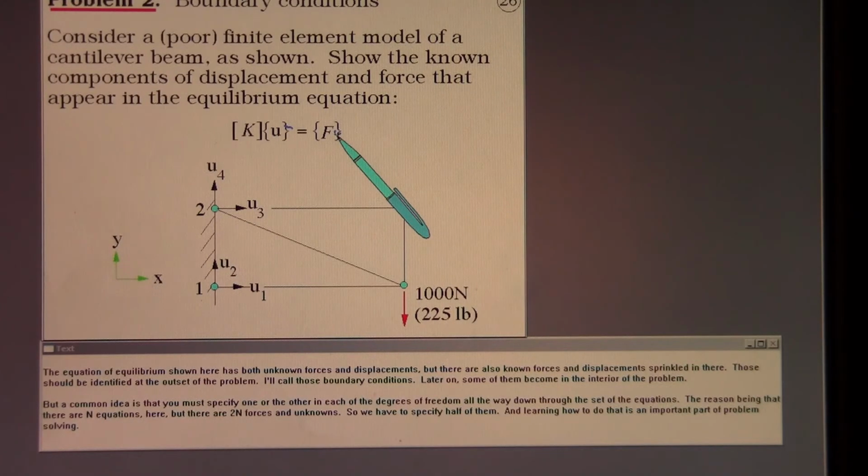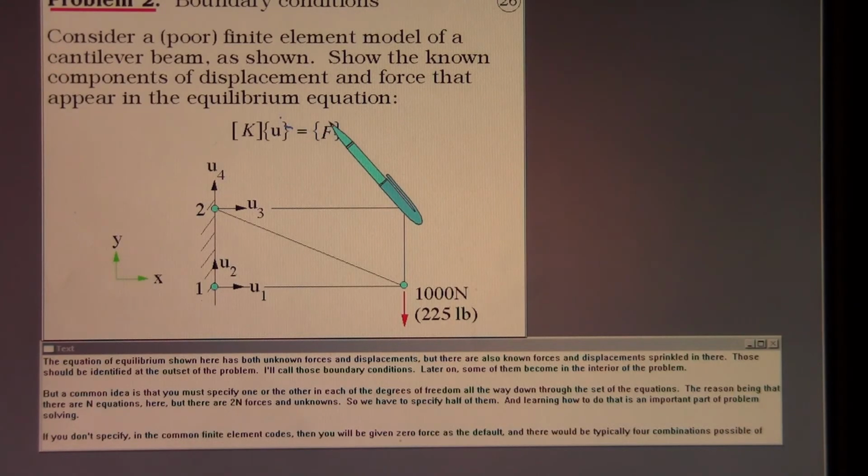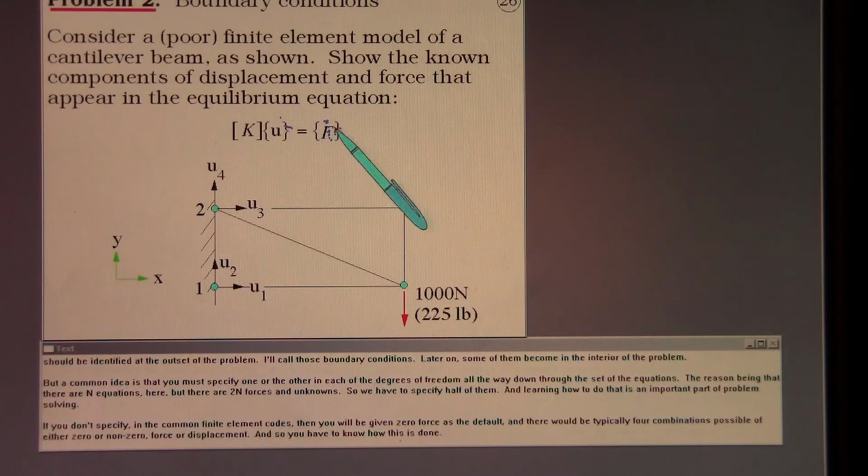Later on, some of them become in the interior of the problem. But a common idea is that you must specify one or the other in each of the degrees of freedom all the way down through the set of the equations. The reason being that there are n equations here, but there are 2n forces and unknowns. So we have to specify half of them, and learning how to do that is an important part of problem solving.